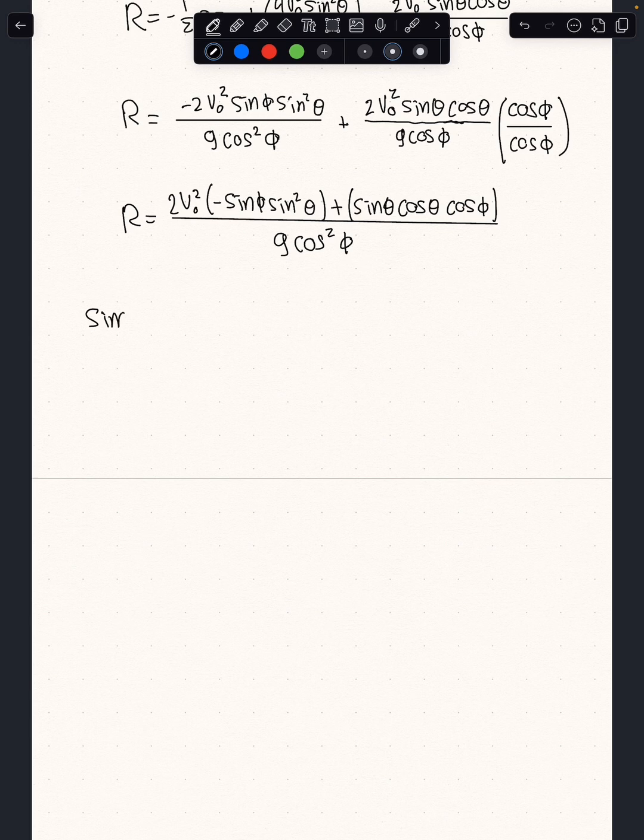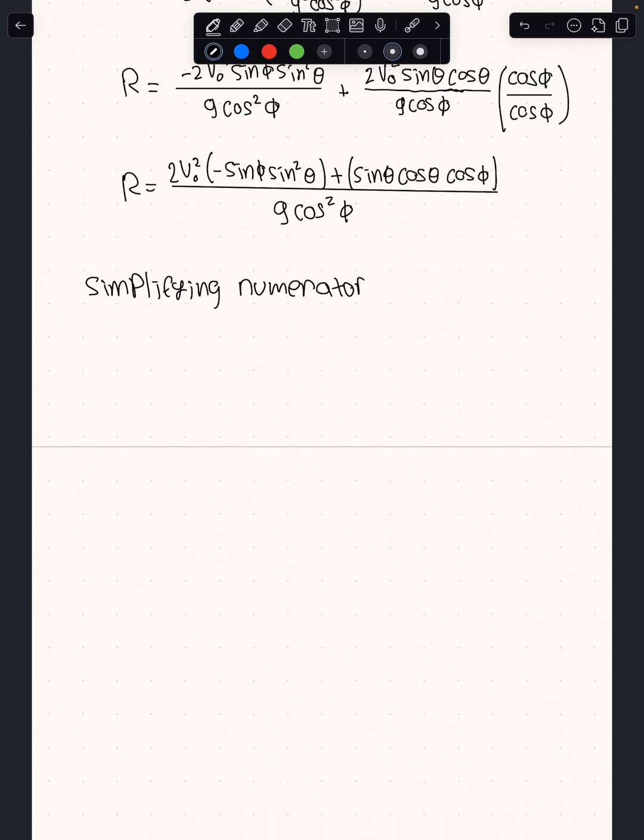So, simplifying the numerator. Okay, we have negative sine phi sine squared theta plus sine theta cos phi.